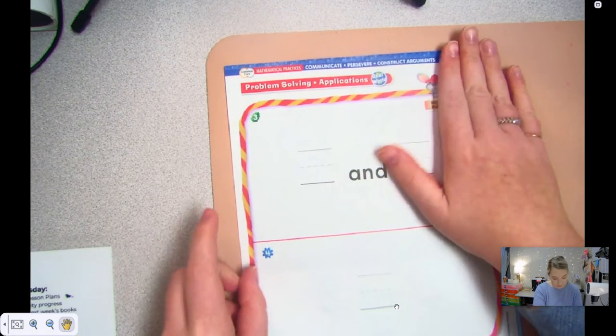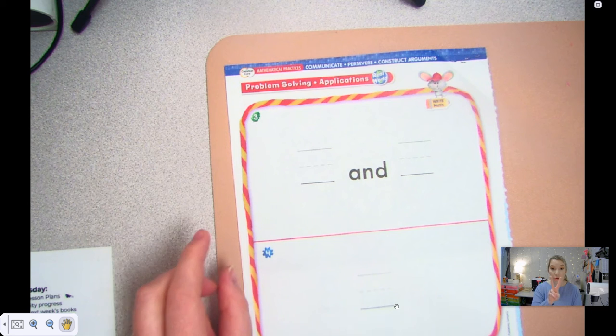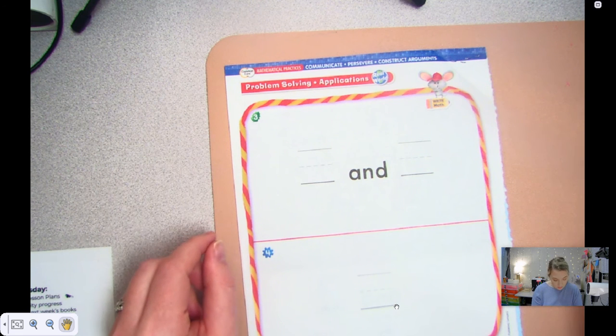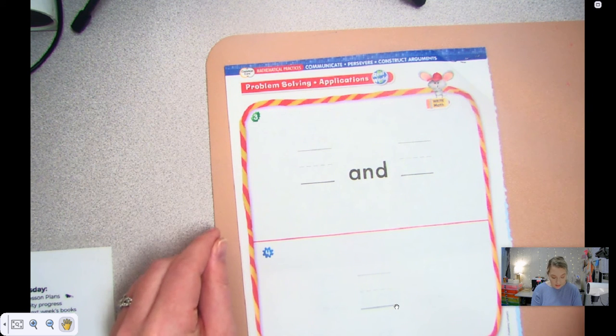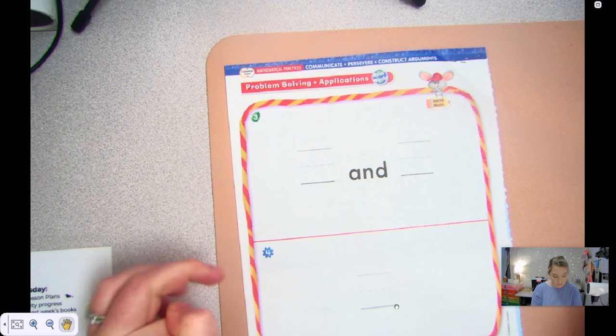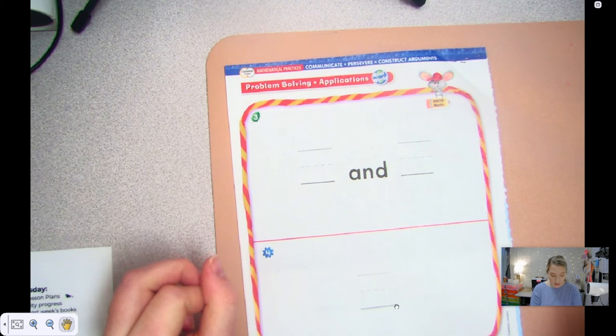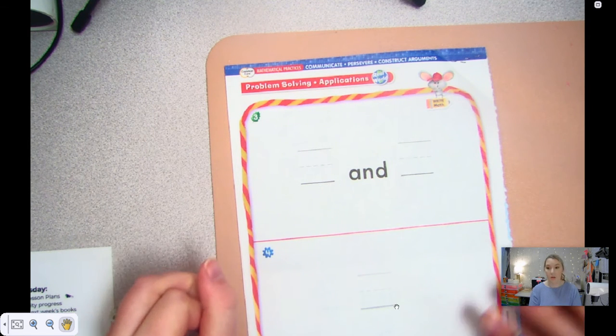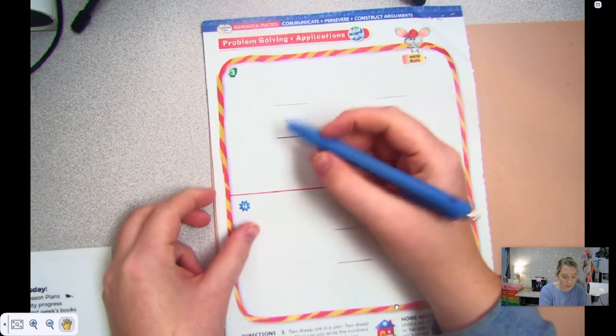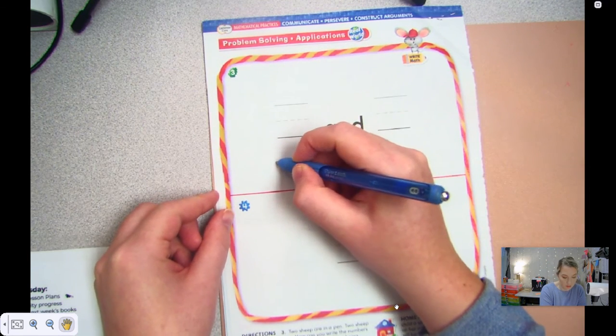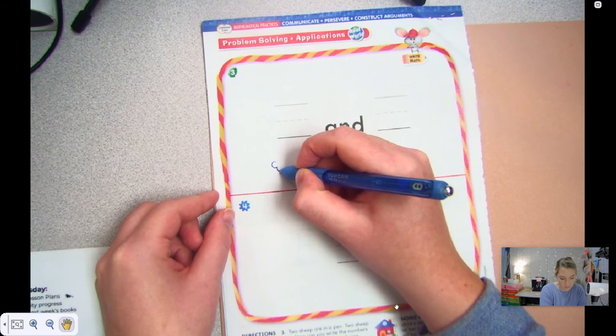Are you ready? 2 sheep are in a pen. 2 sheep are added to the pen. How can you write the numbers to show the sheep in the pen and the sheep being added? So I'm gonna draw some sheep here.